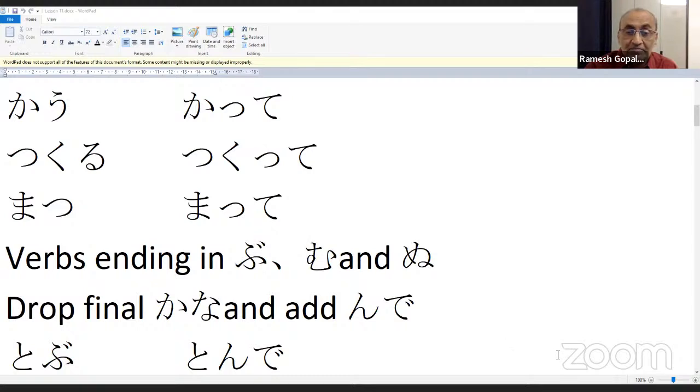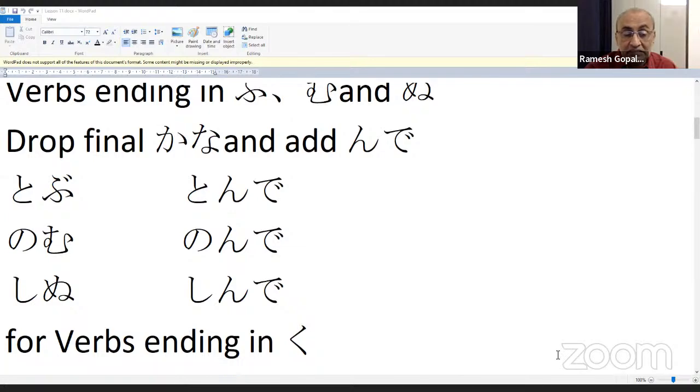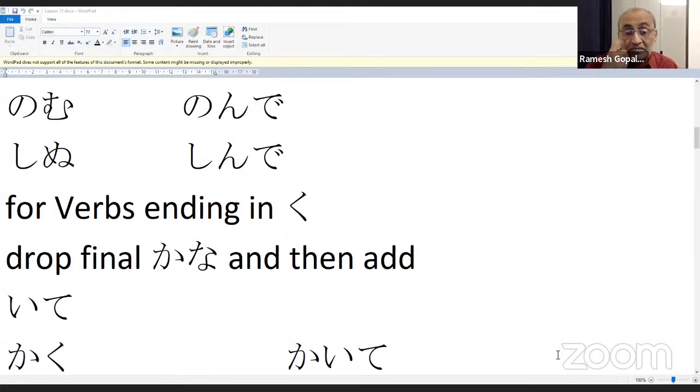Now verbs ending in bu, mu, nu, drop the final kana and add nde. So tobu tonde, nomu nonde, shinu shinde. And for verbs ending in ku, drop the final kana and add ite.